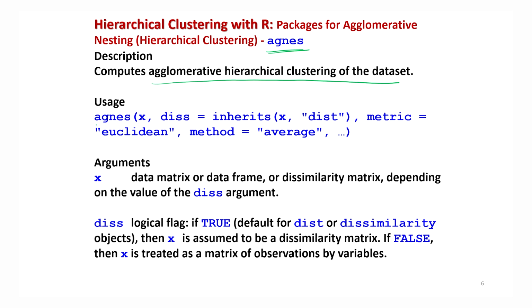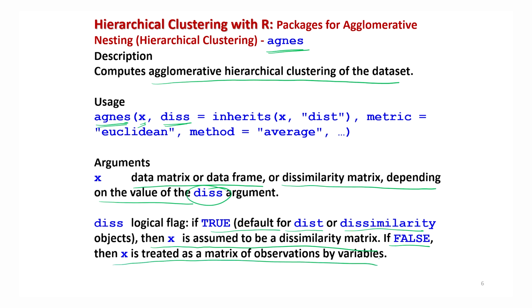Inside parentheses you have to write x, which is a data matrix, a data frame, or a dissimilarity matrix, depending on the value of the next argument. This is a logical flag, and if this is true, which is the default for this command, then x is assumed to be a dissimilarity matrix, and if this is equal to false, then x is treated as a matrix of observations by variables.